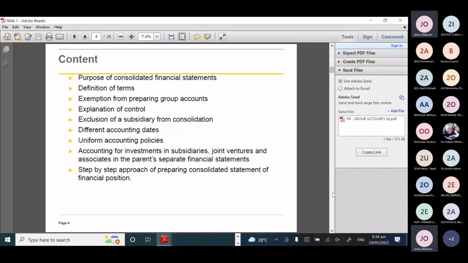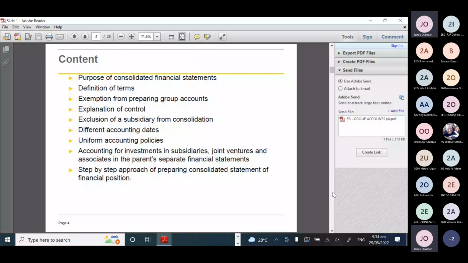The last thing we did was how to account for disposal of interest in subsidiary. At your level, I told you the disposal we'll deal with will only be the full disposal where control is lost.